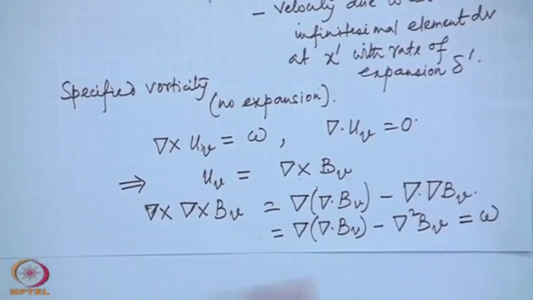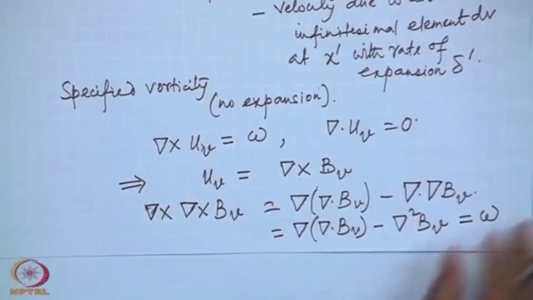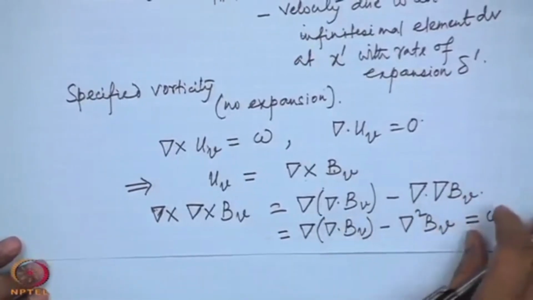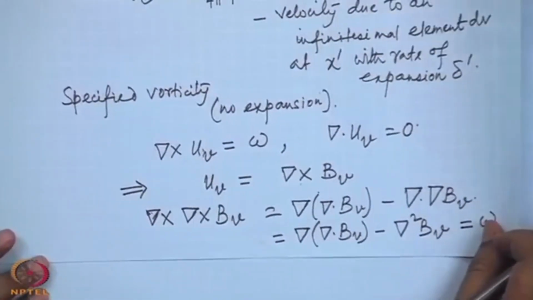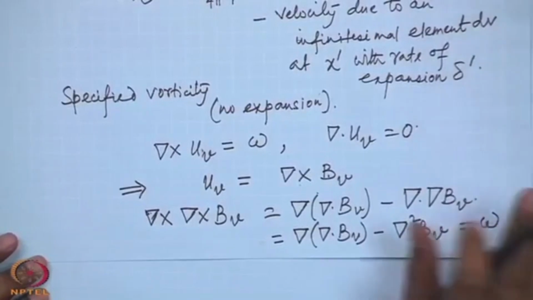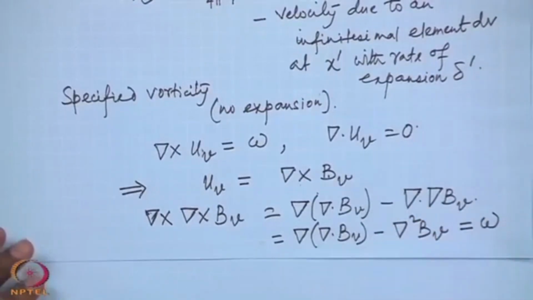The equation in this case is not as simple as in the earlier case. In the earlier case, we simply had Laplacian of phi equal to something. In this case, there are two terms. To simplify it, let us just assume that B is such that divergence of B is 0.